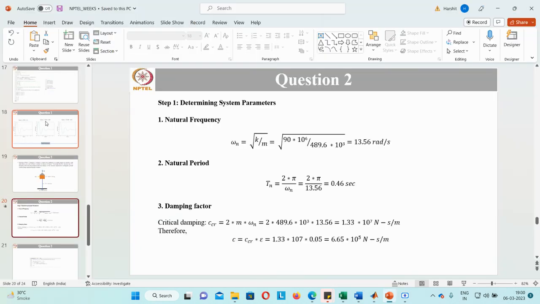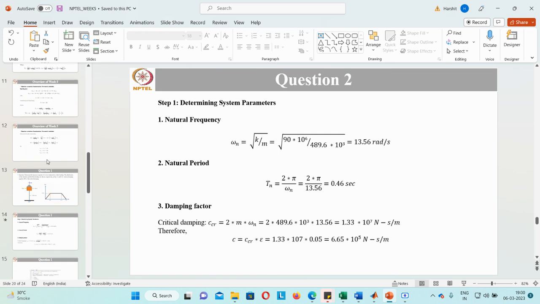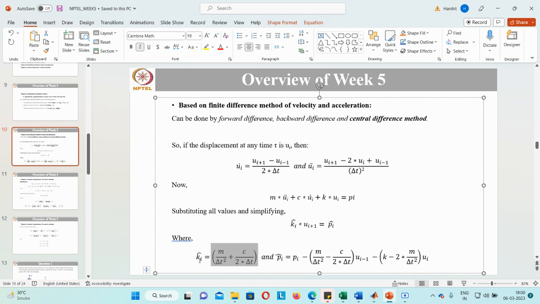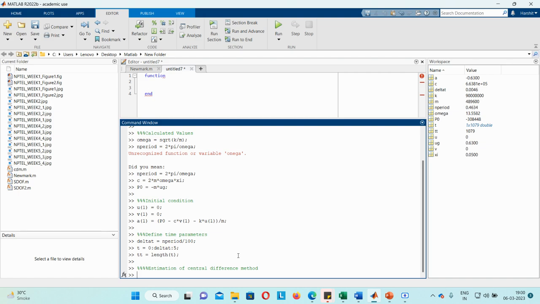In the central difference method, this is the k bar, which is constant, and p bar is p i minus a times u i minus 1 minus b times u i. So this will be k bar, this will be a, this will be b, and u of minus 1. Initially u of minus 1 is also a constant value, as we saw in the lecture, so we will also define that.